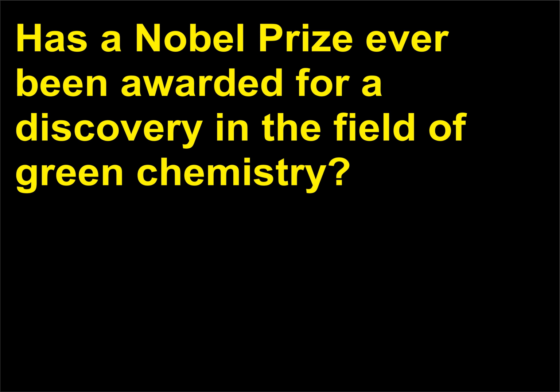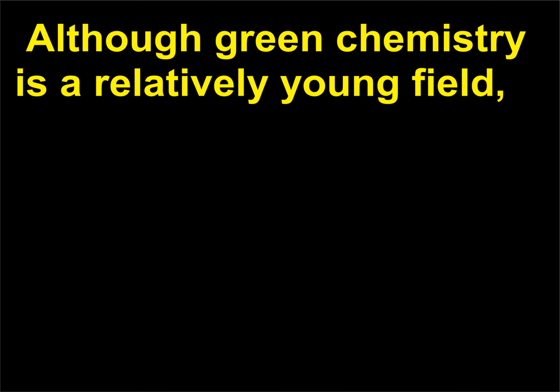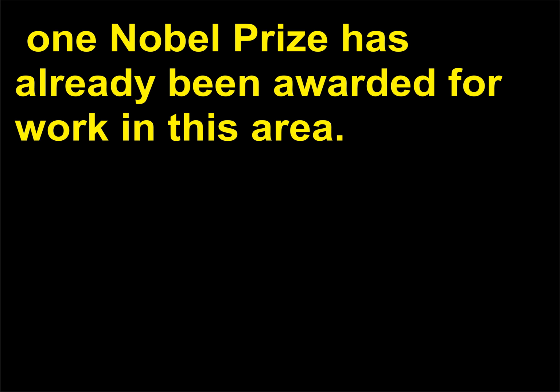Has a Nobel Prize ever been awarded for a discovery in the field of green chemistry? Yes. Although green chemistry is a relatively young field, one Nobel Prize has already been awarded for work in this area.